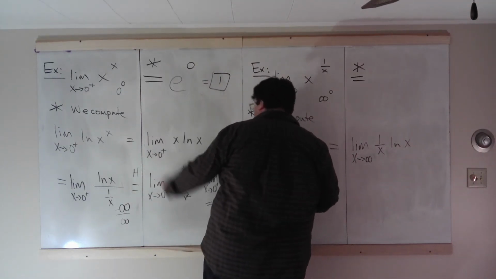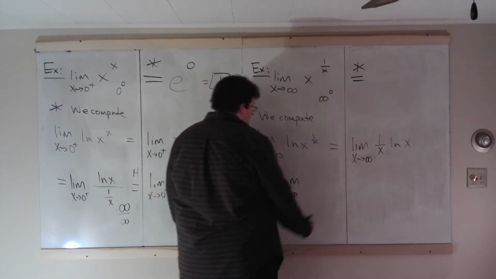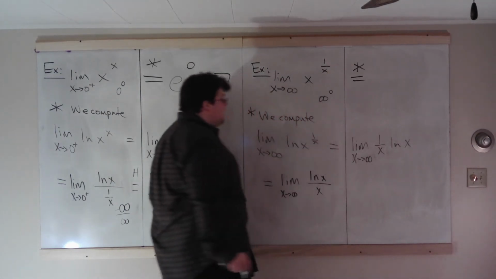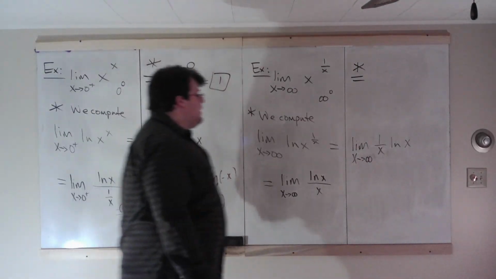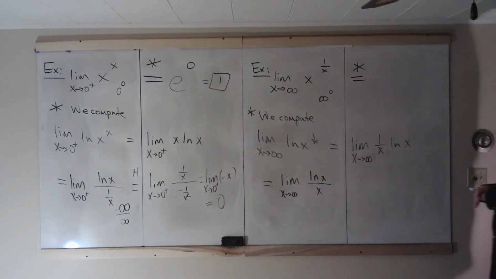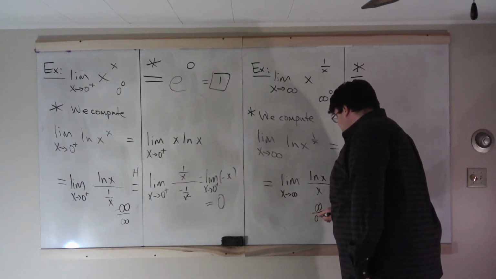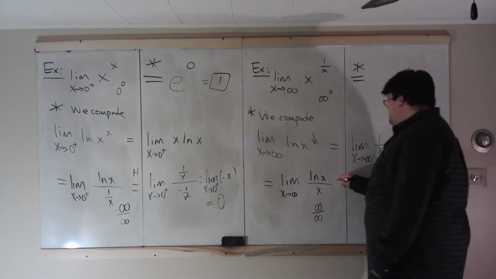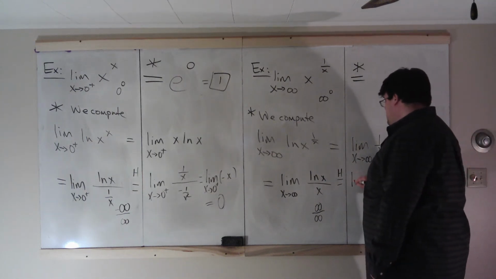You could apply an argument like this where you do 1 over x, but of course that simplifies to just x. Or you could view it as multiplying those fractions together. I view it as multiplying fractions. And how do we compute this limit? Well, as x goes to infinity, the top goes to infinity, the bottom goes to infinity, so we can apply L'Hopital's rule.